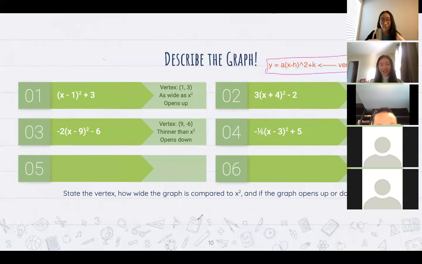H would be 3. The vertex is 3, 5. Good job. So let's start with if it opens up or down. I think that's a little easier.